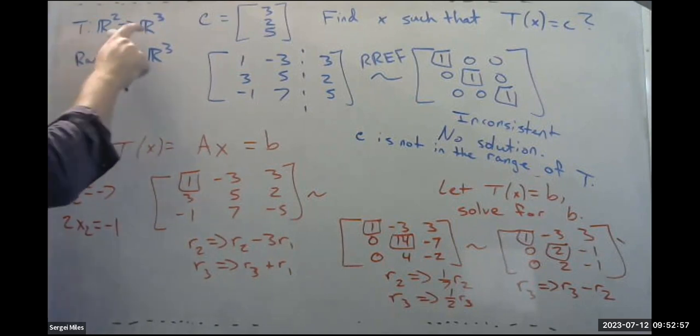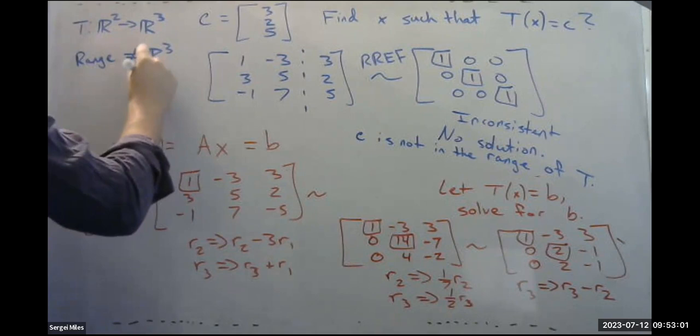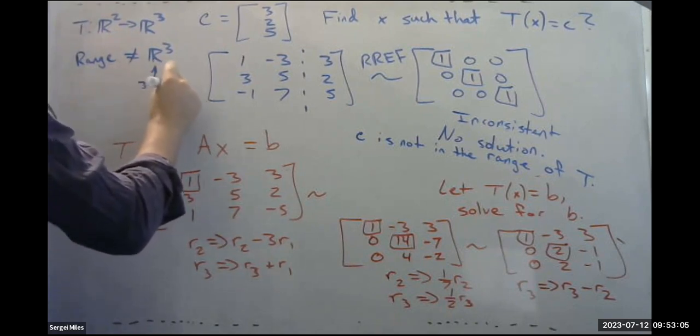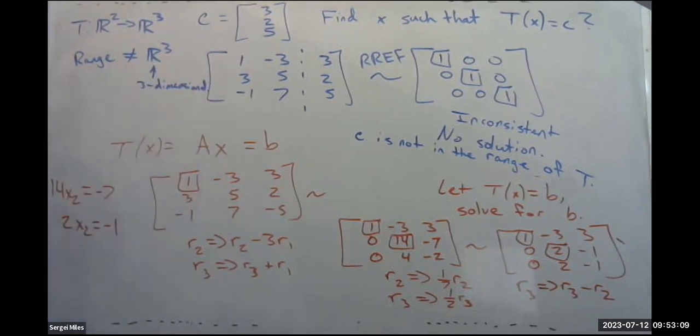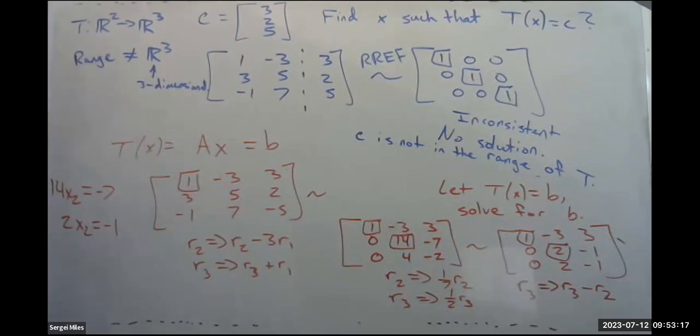Well, in order to hit everything in R3, R3 is three-dimensional, right? Which means if I want to span all of it, I'm going to need three linearly independent directions I can move in.